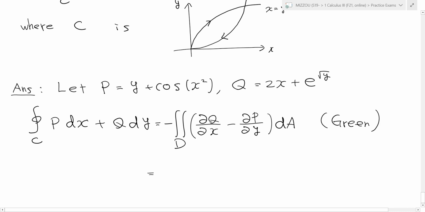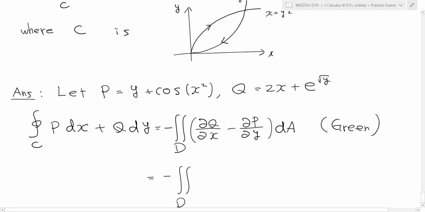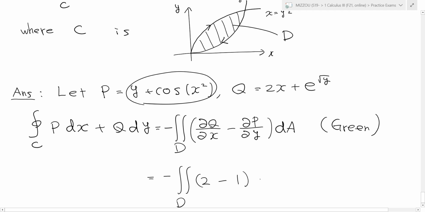So this is equal to negative double integral over D, and D is, of course, everything inside. And then you compute this. You differentiate that with x, you get 2 minus, you differentiate this with y, you get 1. And dA.